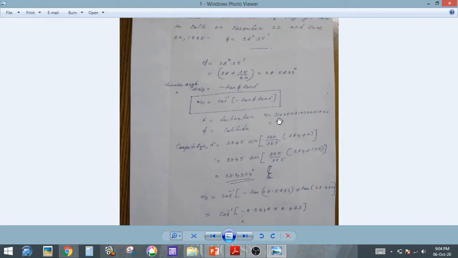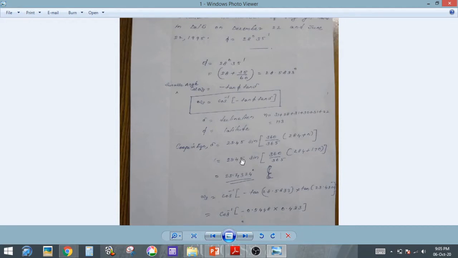For June 22, small n equal to 31 plus 28 plus 31 plus 30 plus 31 plus 22, which is equal to 173.